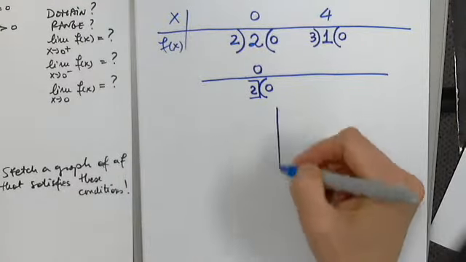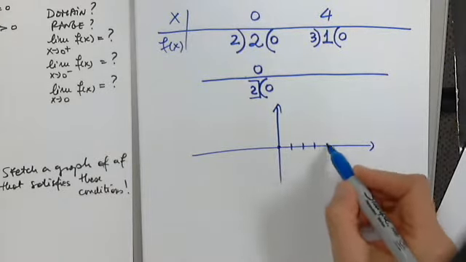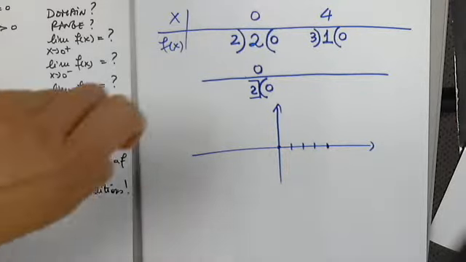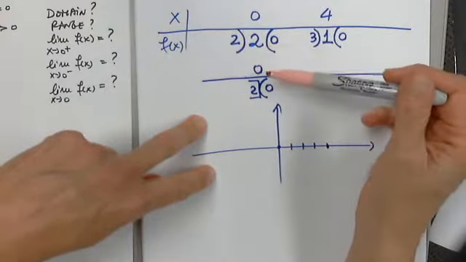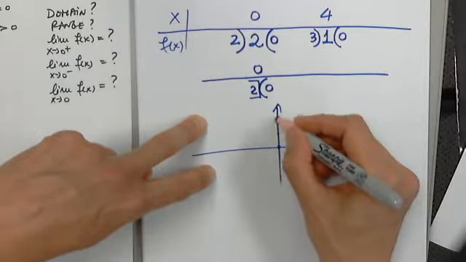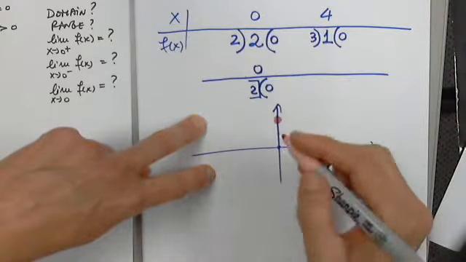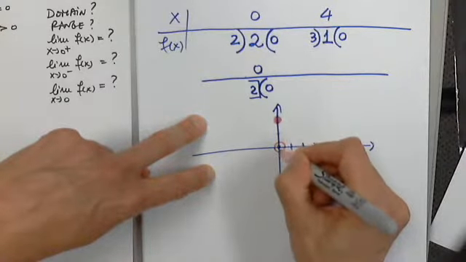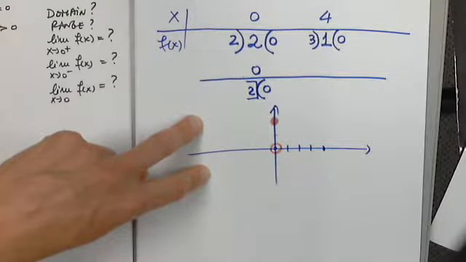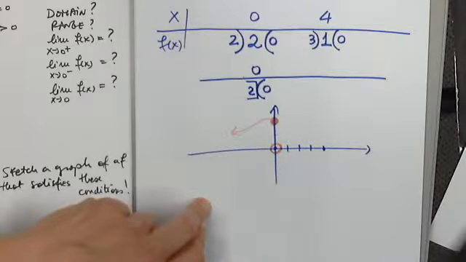When I graph this function, I have 0, 1, 2, 3, 4. Zero, comma 2 is this point, and it's a full point for sure. 0, comma 0 is this point, and it's an open point for sure. So this can be one side.